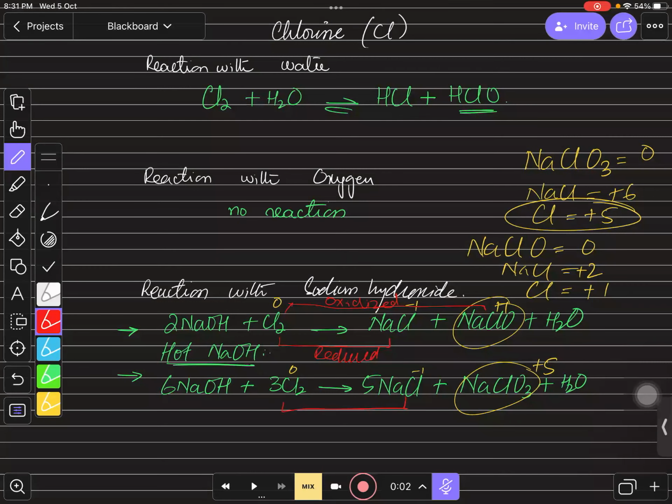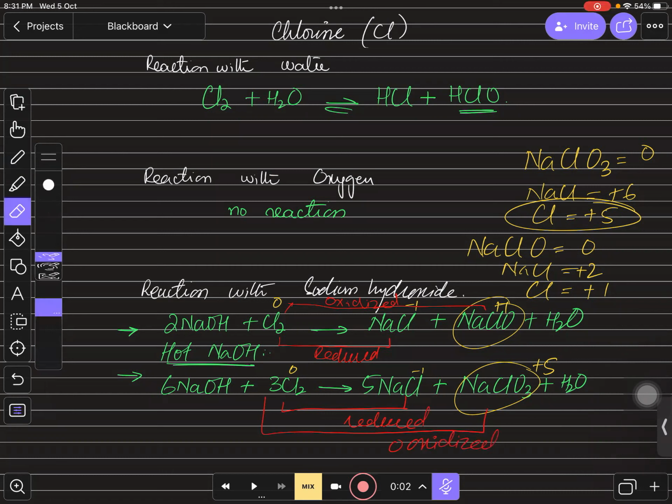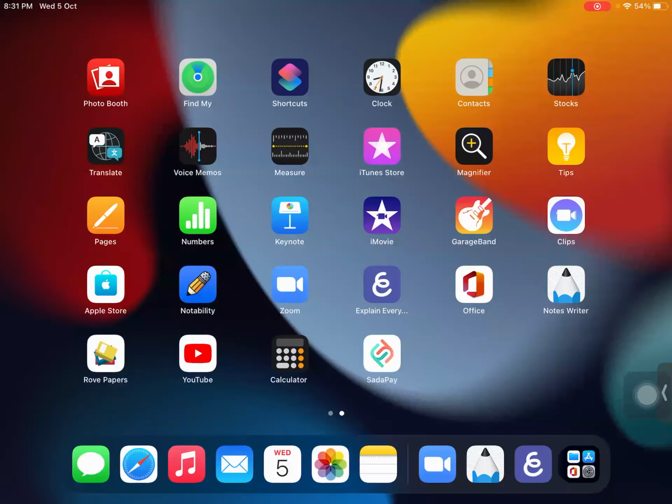The reactions in which a single species is going to be oxidized and reduced as well are termed as disproportionation reactions, right, children?